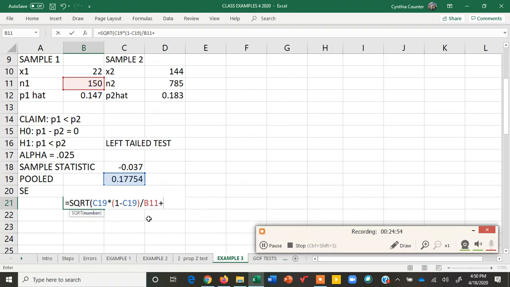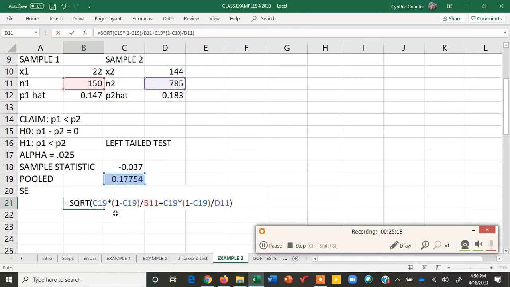So this part will look the same because we're using pooled times parenthesis 1 minus pooled close parenthesis divided by the second sample size n2, and then don't forget to close your final parenthesis. Again, notice the color coding here.